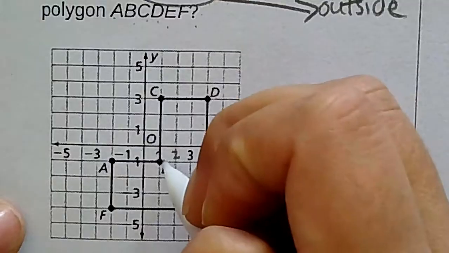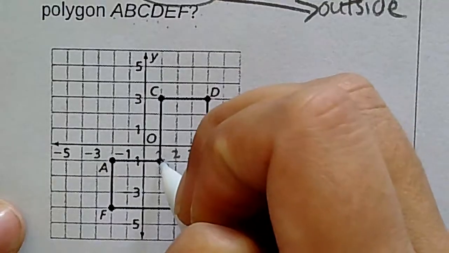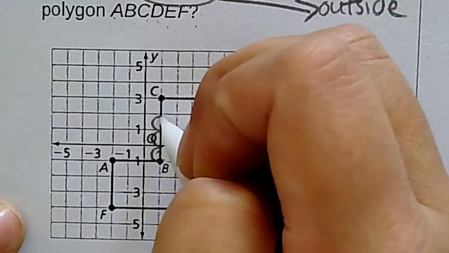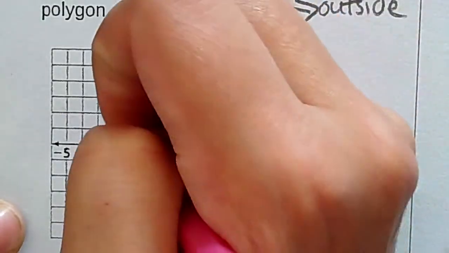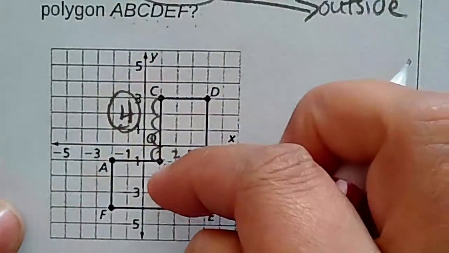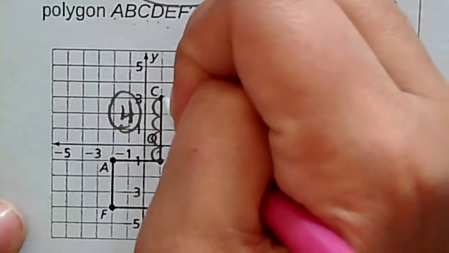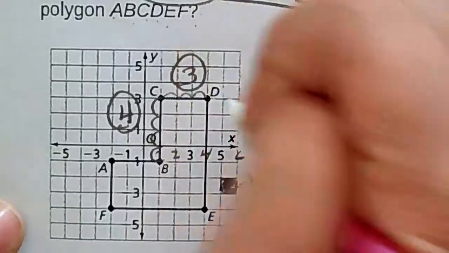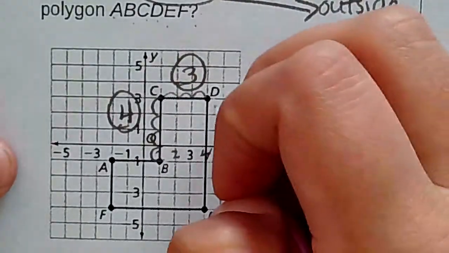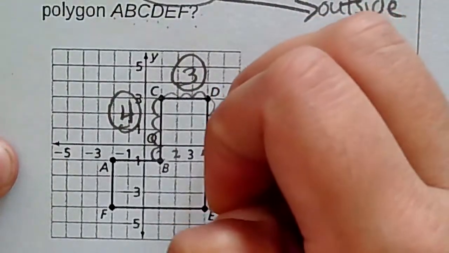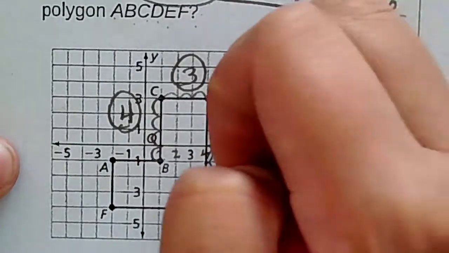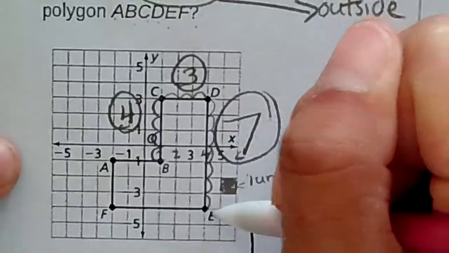So I'm going to count 1, 2, 3, 4. This from B to C is 4. 1, 2, 3. From C to D is 3. 1, 2, 3, 4, 5, 6, 7. From D to E is 7.